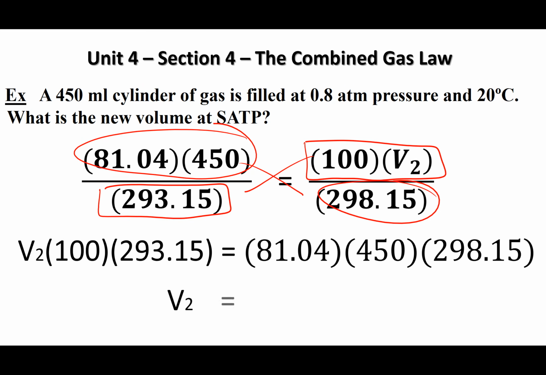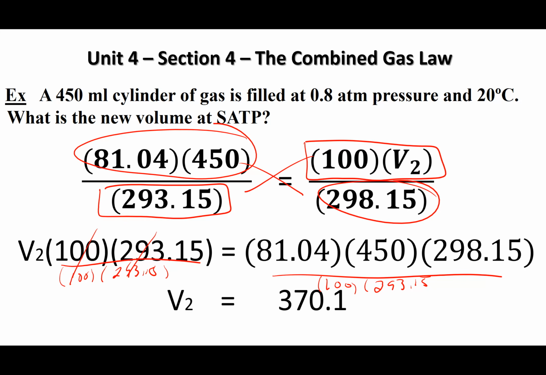So to solve this one, it looks like we're going to divide both sides by 100 and 298.15. Cancel, cancel. So that also gets divided by 100 and 293.15. If you type all this into your calculator, you end up with 370.1, and again the units are going to be milliliters here, and if you get that value, then you have done it properly.